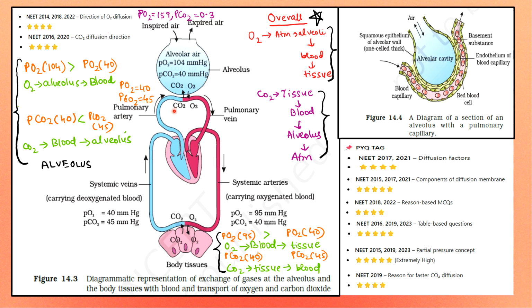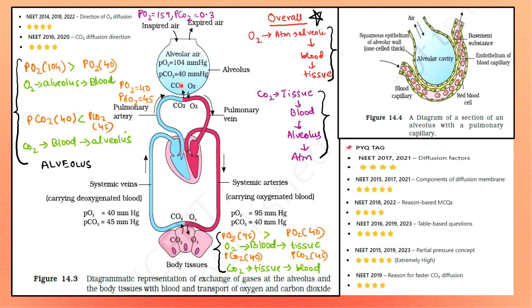Now, if you see the tissues, they give the deoxygenated blood which is pumped to the heart, and the heart pumps the deoxygenated blood through the pulmonary artery and it reaches near the alveoli inside the capillaries. Okay, so capillaries will contain deoxygenated blood which will be the same as that in the tissue. Okay, which is partial pressure of oxygen 40 and partial pressure of carbon dioxide 45, because this will be the blood which is given by the tissues, so it will be the same here.